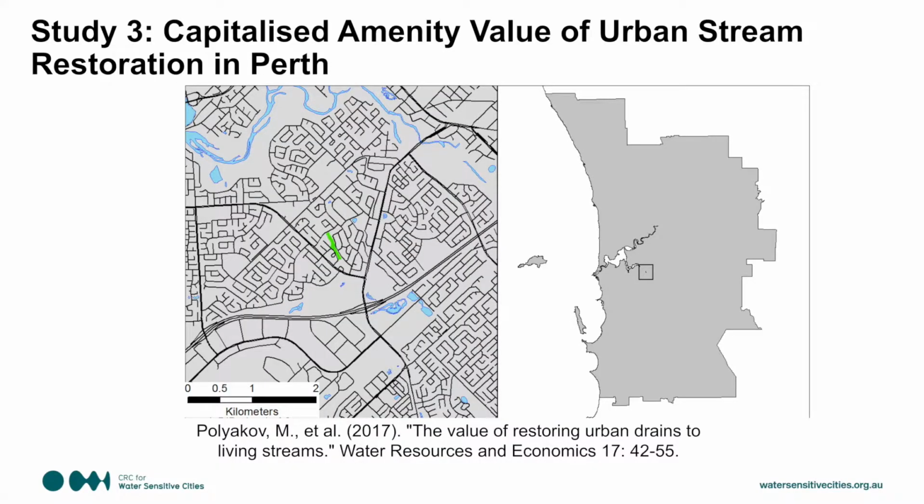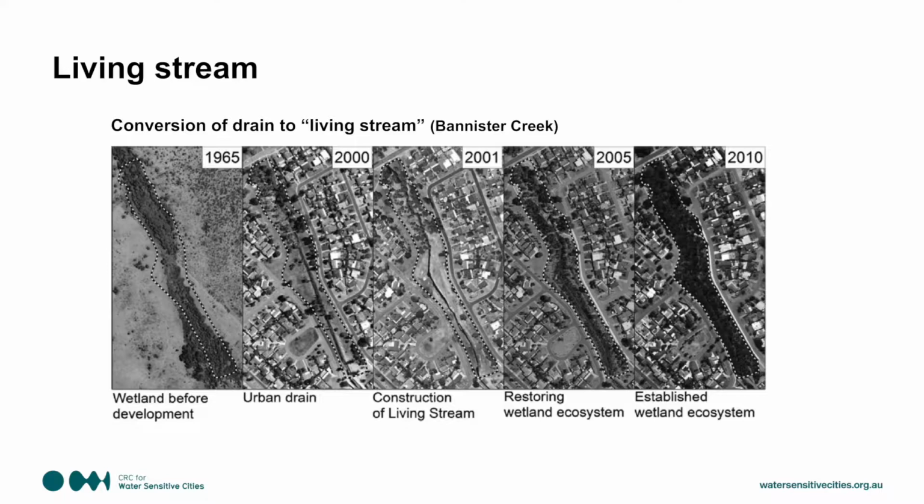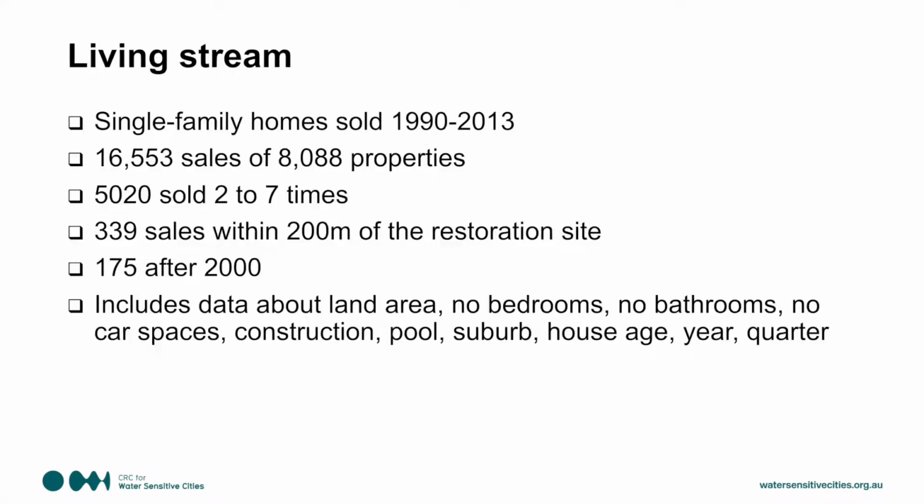Okay, the third case study is also using hedonic analysis, and Dave has already mentioned some information from this. This happened in Bannister Creek in Perth, and you have seen this picture where we see the changes in the living stream condition from a concrete drain to a more naturalistic condition. And there's a house price analysis.